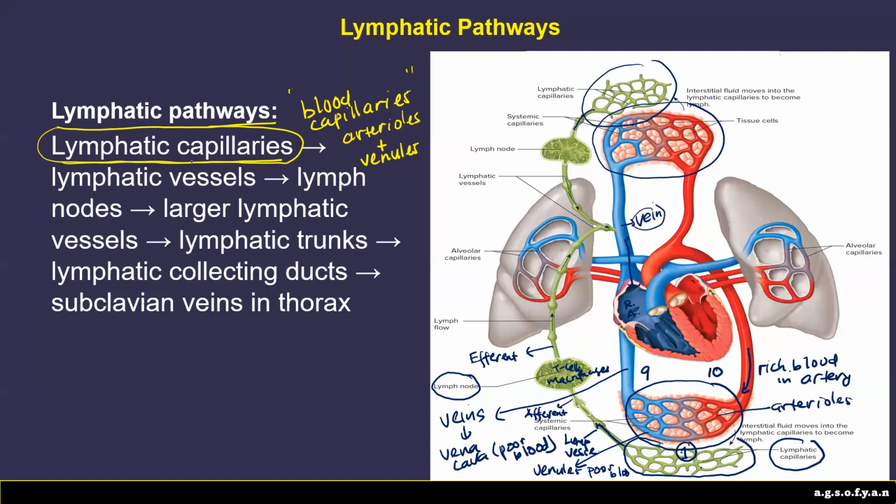So again, from the lymphatic capillary, it will be carried into the lymphatic vessels and go to the lymph node.